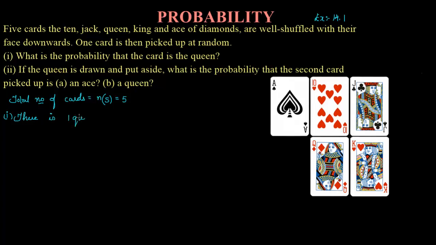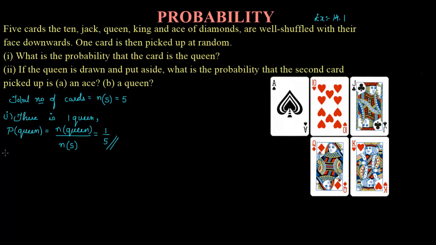So probability of getting a queen is equal to the number of queens divided by the total number of cards considered. Only one queen, so 1 divided by 5. This is the probability of getting a queen.